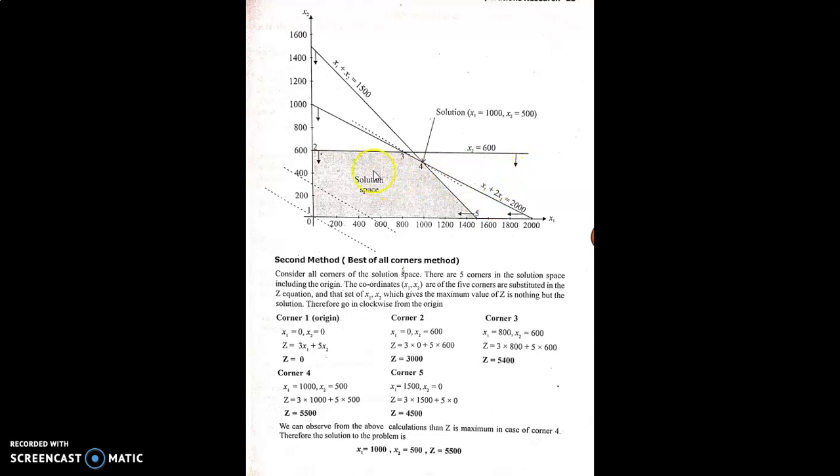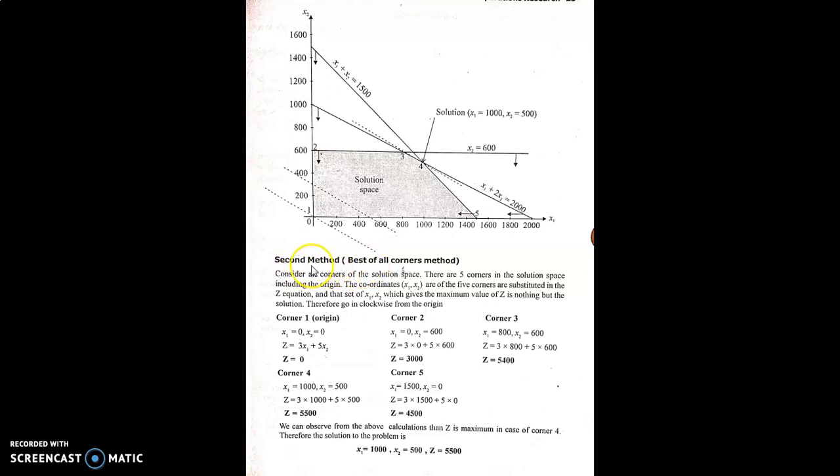After that you have to consider all three equations at one time and get the solution space as only this much. See, 1, 2, 3, 4, 5 and 1. This is the solution space considering all three equations at a time. Clear everybody?